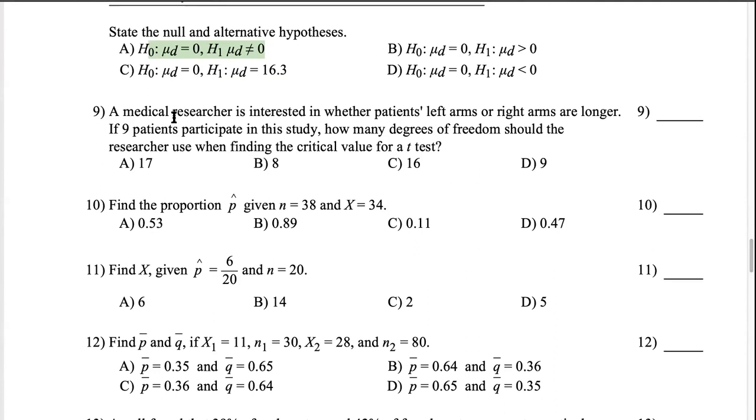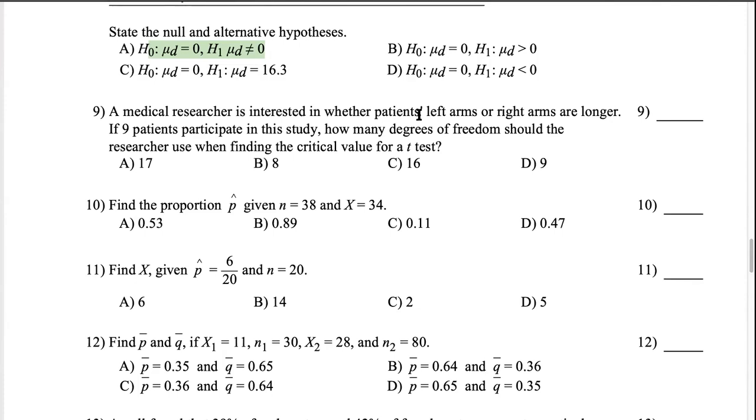A medical researcher is interested in whether patients' left arms or right arms are longer. 9 patients were selected. How many degrees of freedom should the researcher use when trying to find the critical value for the t-test?